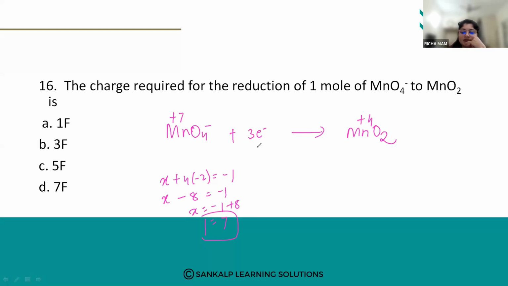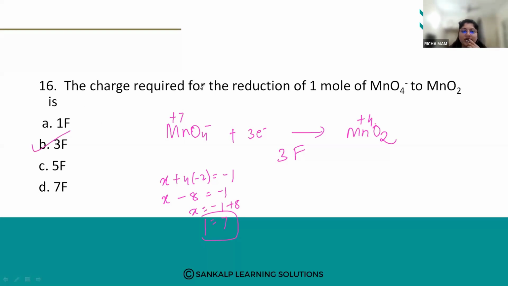So how many electrons? From Mn +7 to +4, there are 3 electrons. So 3 Faraday charge will be required to reduce 1 mole of MnO4 minus to MnO2. So option number B. Very good. Lubna has answered it correct. Option number B is the answer.